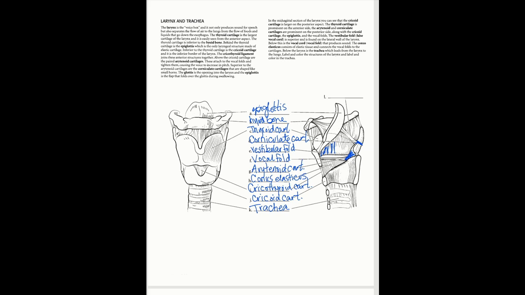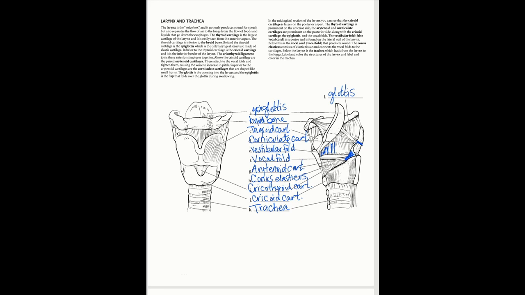Oh, and then lastly, because it's not actually a structure, it's kind of just referring to the open area or the hollow region of the larynx. We have the glottis. Okay, so that's kind of like the hole that the epiglottis covers over, again, when you are swallowing, so that it's going to direct any food into the esophagus.